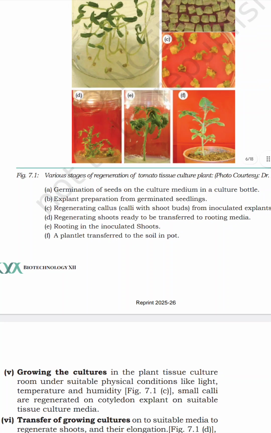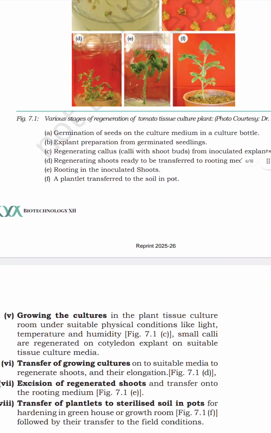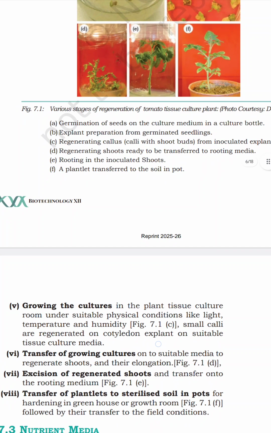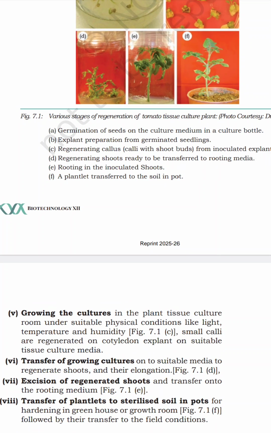Here we can see small callus, an undifferentiated mass of tissue or cells, known as callus. After this, it is transferred onto a suitable medium to generate roots, shoots and other parts of the plant. Again it is taken out of the nutrient and transferred into soil.